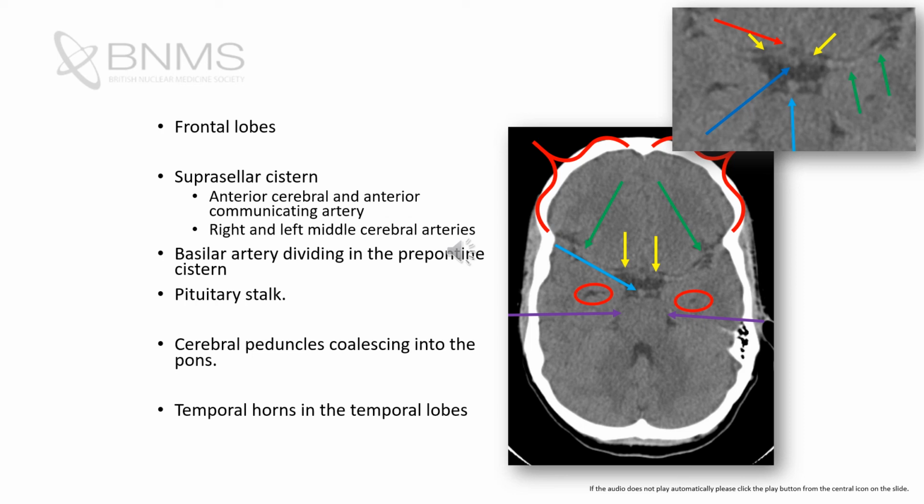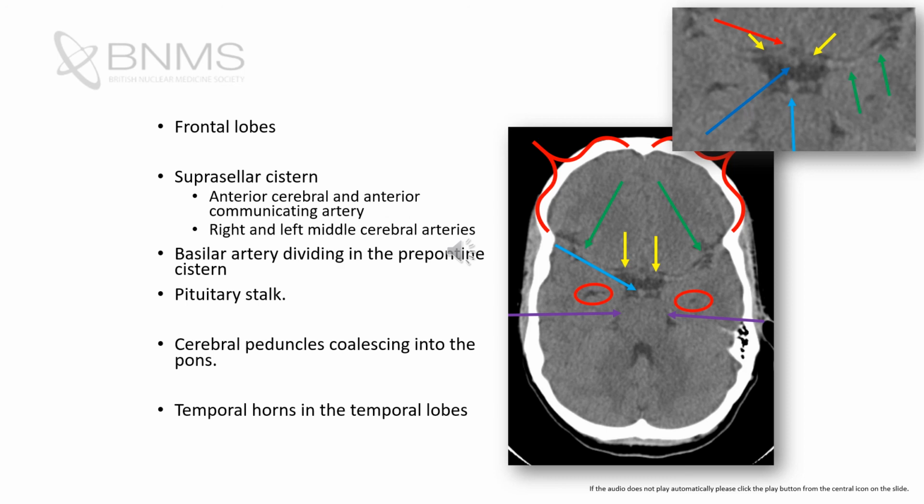The dark blue arrow shows the pituitary stalk, a continuation of the grey matter protrusion of the tuber cinereum that we saw previously.